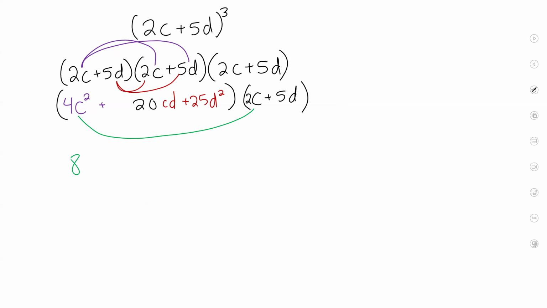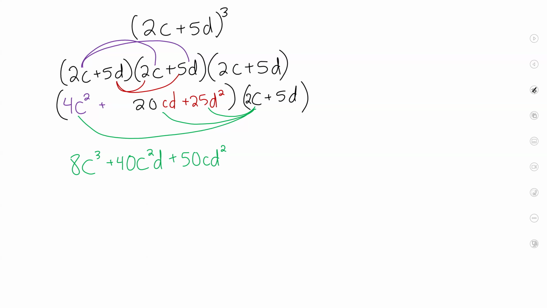I have c squared and another c. That's 3 c's, so c cubed. I can do these two together. 20 times 2 is 40. I have c, c, d, so that's 2 c's and 1 d. And I can do 2 times 25, which is 50. My letters are c, d squared.